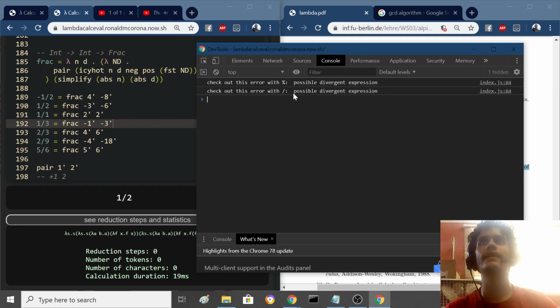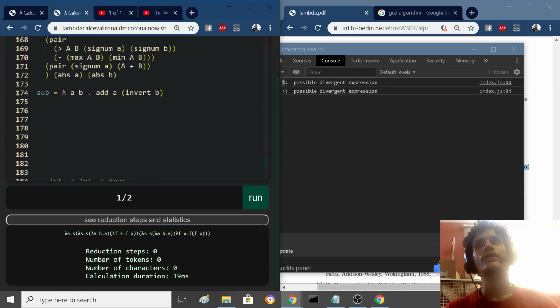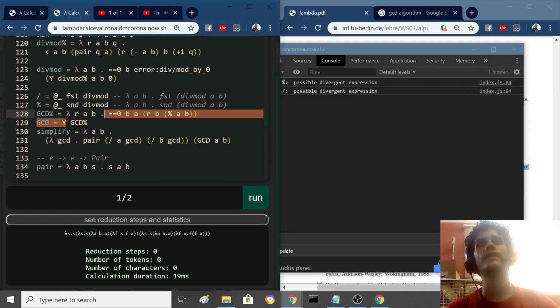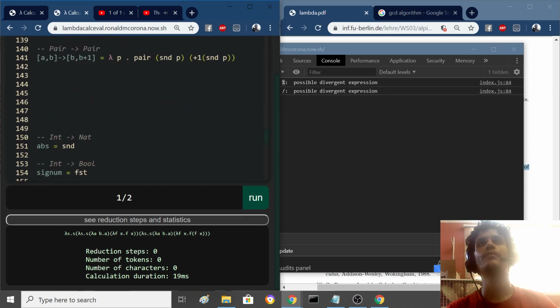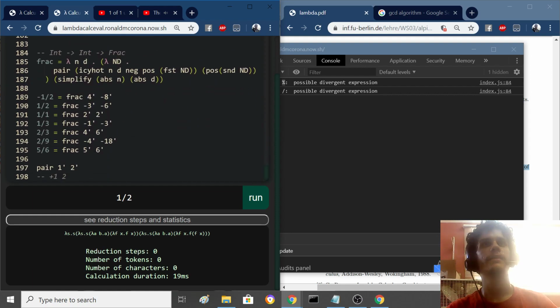The only ones that it says are divergent are these two, division and percent sign, which is weird because I would feel like GCD is divergent because of the Y combinator, but whatever. Maybe there's a lot of things I don't understand.